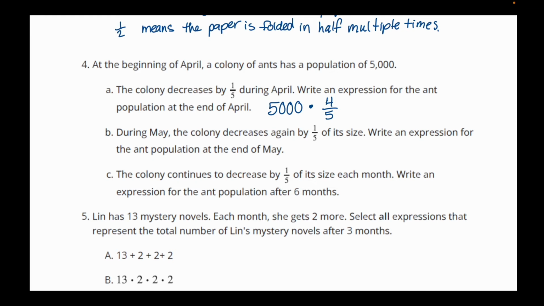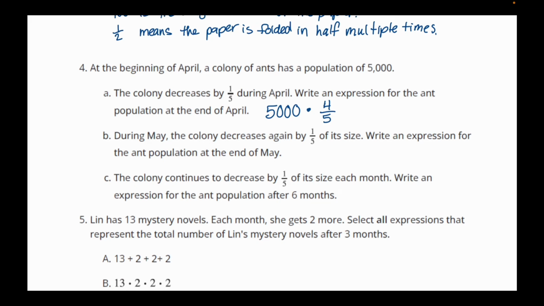During May, the colony decreases again by 1/5 of its size. So if we're multiplying by 4/5, which is what's left over, this is going to be the 5,000, but now we're multiplying by 4 over 5 a second time, so we're going to square it. If this colony continues to decrease by 1/5 of its size each month, we want to write an expression for the ant population after 6 months.